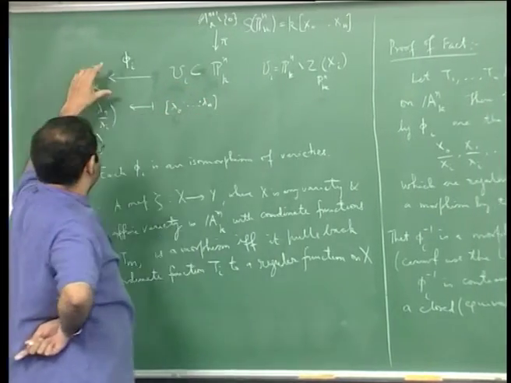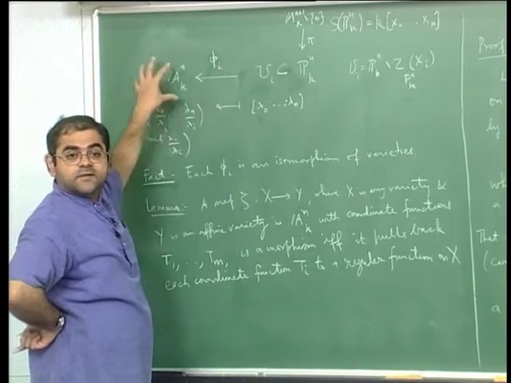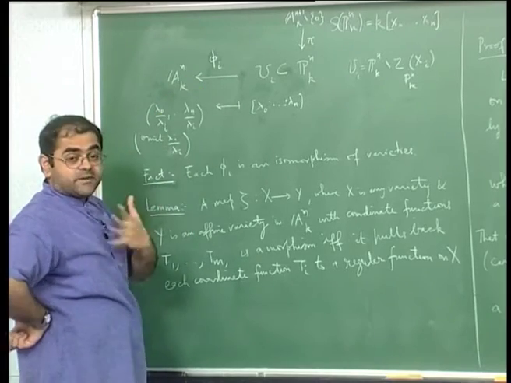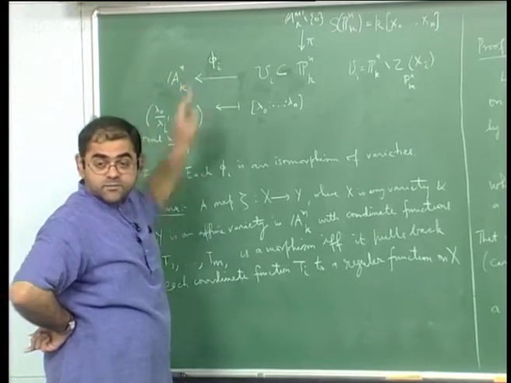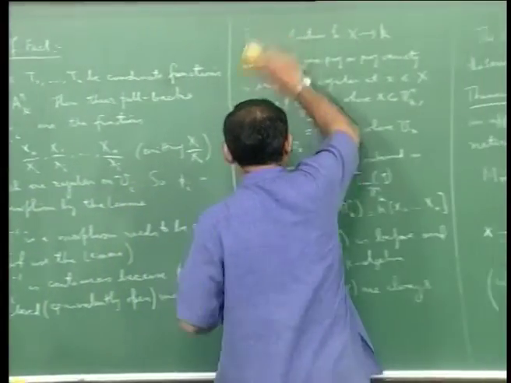So this map induces an isomorphism of these rings, and that is the algebraic translation of the fact that this map is an isomorphism of varieties, okay. So let me explain that.